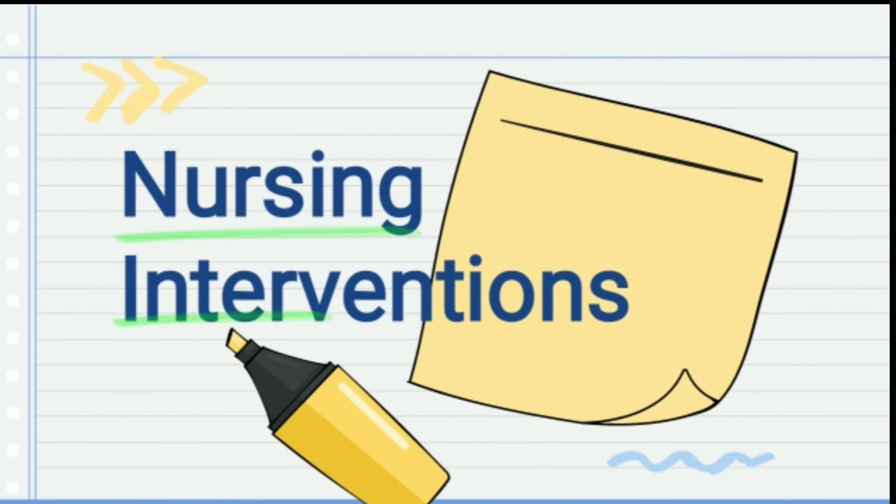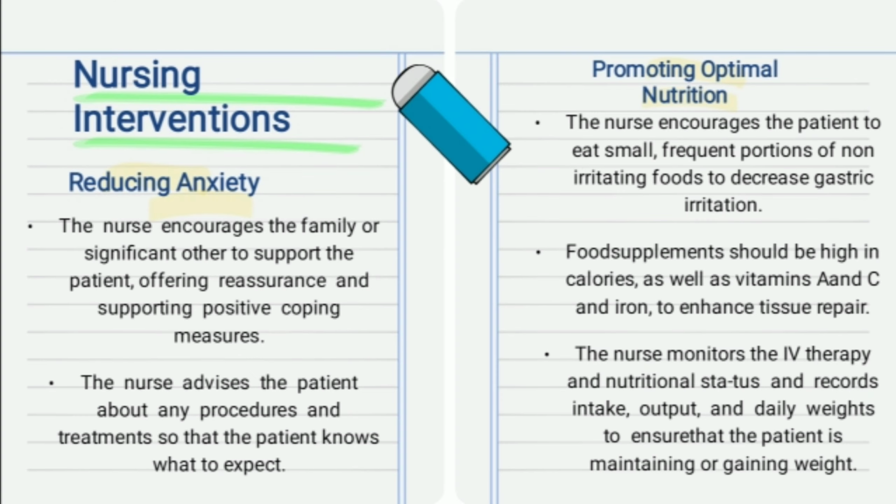So what are the nursing interventions for the said nursing diagnosis? First, there is reducing anxiety. The nurse encourages the family or the significant other to support the patient, offering reassurance and supporting positive coping measures. The nurse also advises the patient about any procedures and treatments so that the patient knows what to expect.